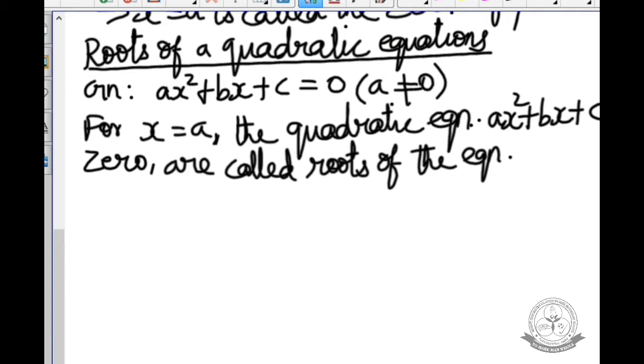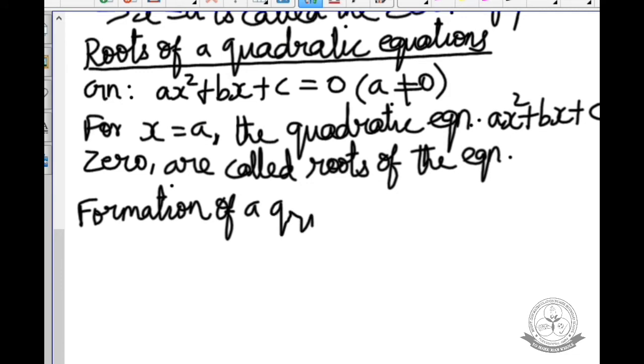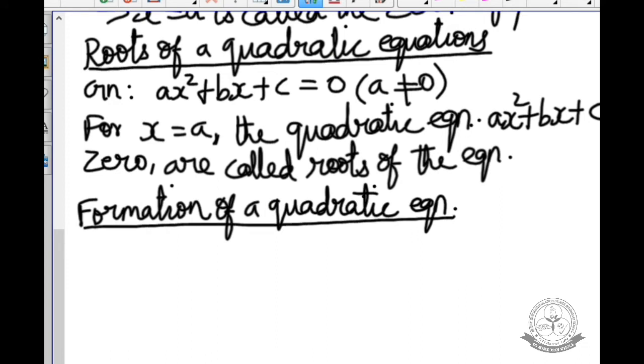Next one, formation of a quadratic equation. How to form a quadratic equation?